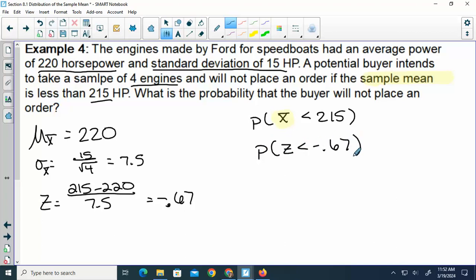So we need the probability z is less than negative 0.67. And less than is what our table gives us, so we just read the number from our table and we get the answer. I want you guys to try the next one.